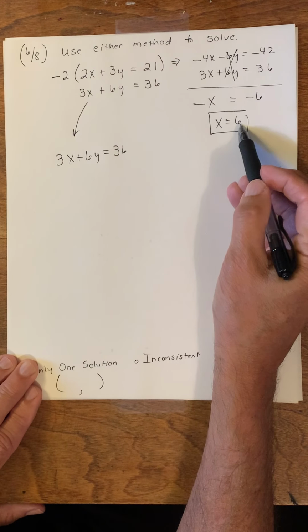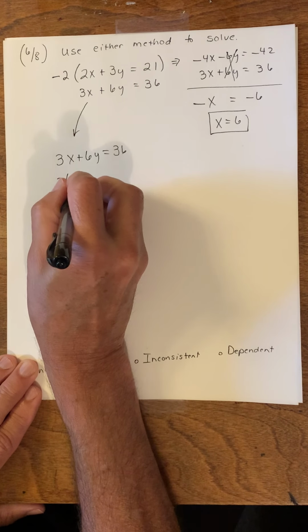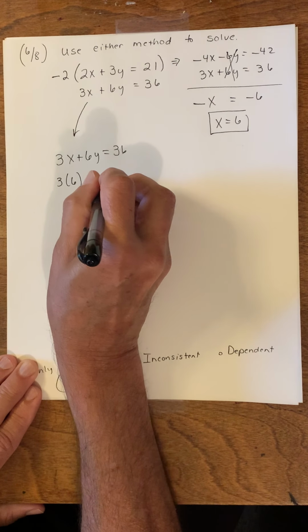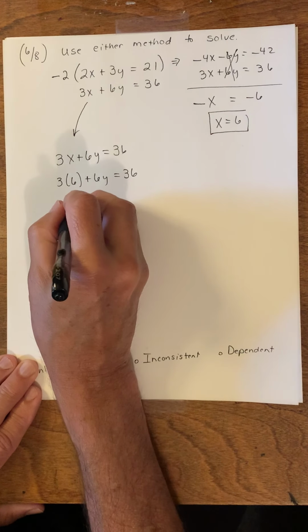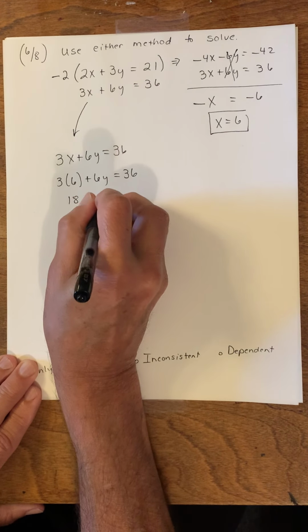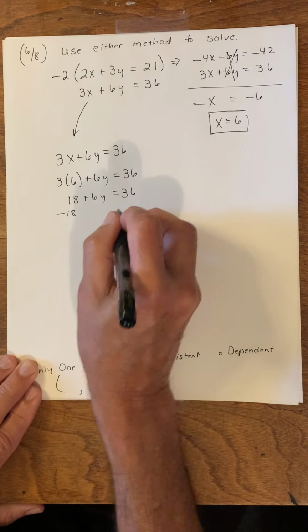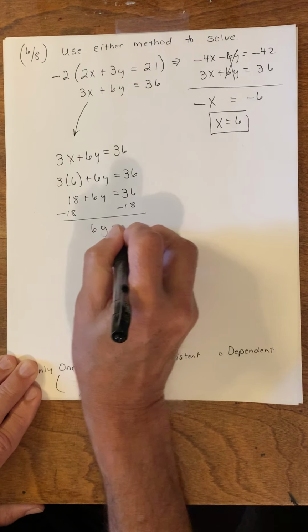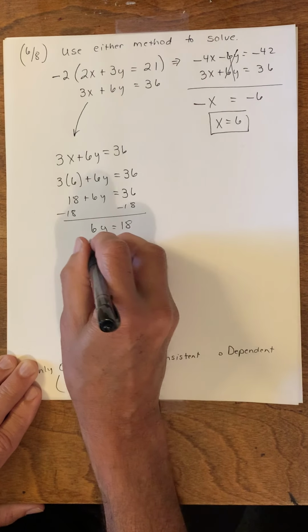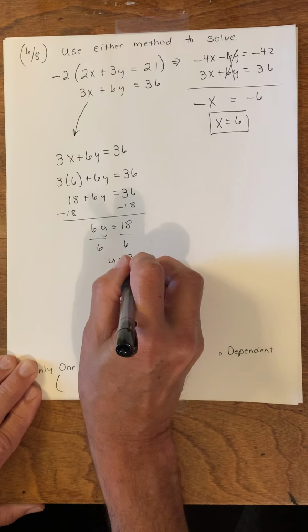And substitute 6 for x. So in the place of x, 18 plus 6y is 36. This is going to be easy. Subtract 18. Divide 6. Y is 3.